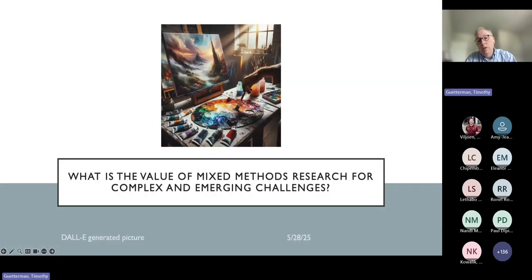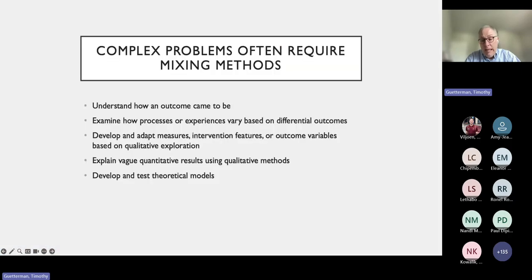So I want to now shift a little bit and focus the rest of our time on, what's the potential value of mixed methods, and then how do we design a mixed method study for integration specifically, which is critical. So first, I just want to acknowledge that there are different reasons that we conduct mixed methods research.